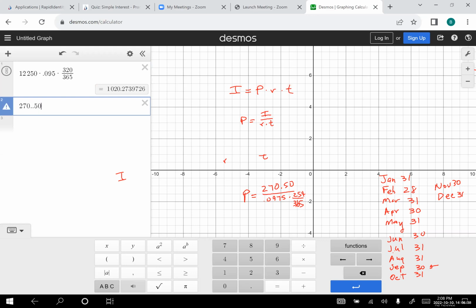270.50 divided by 0.0975 times the time, which is 254 days out of the exact method, so out of the 365-day year.